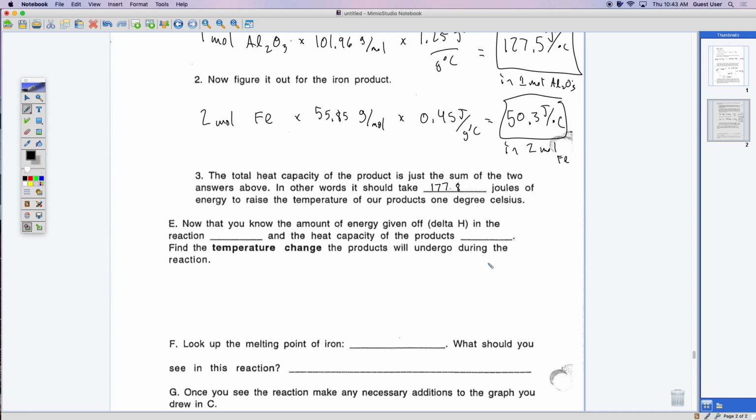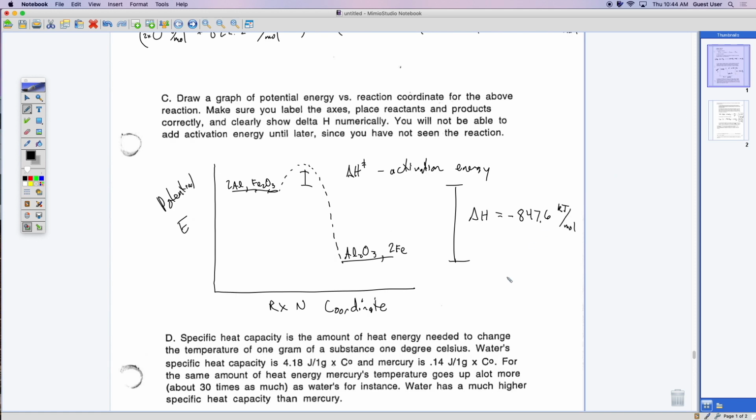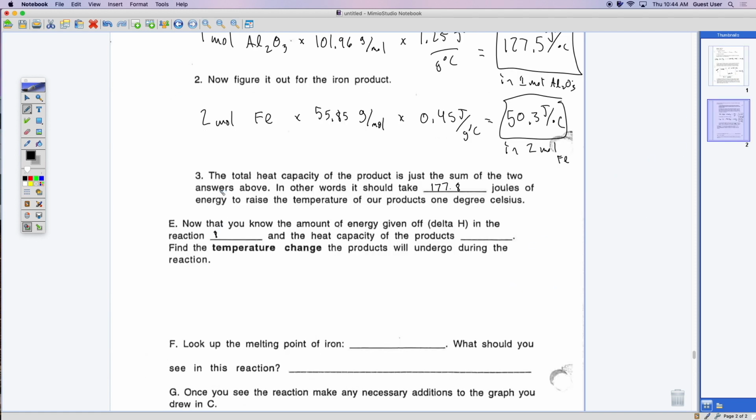All right. Now that you know all this in the reaction, we can actually look at how many joules are inside of everything. We got it from over here, 847.6 kilojoules, so really that's 847,600 joules.